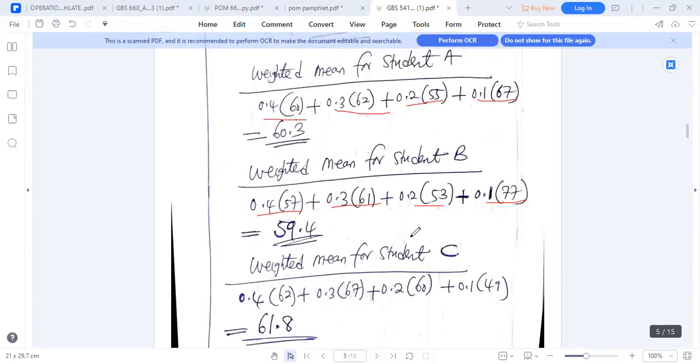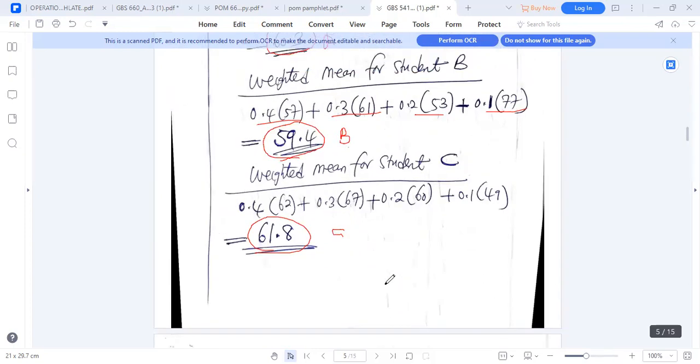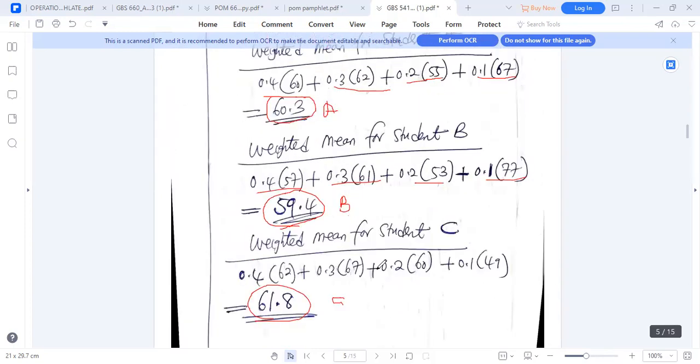So this is what we have for the weighted mean to award the scholarship. We've gotten these values for student A, student B, and student C. Now we are getting down to the other one.